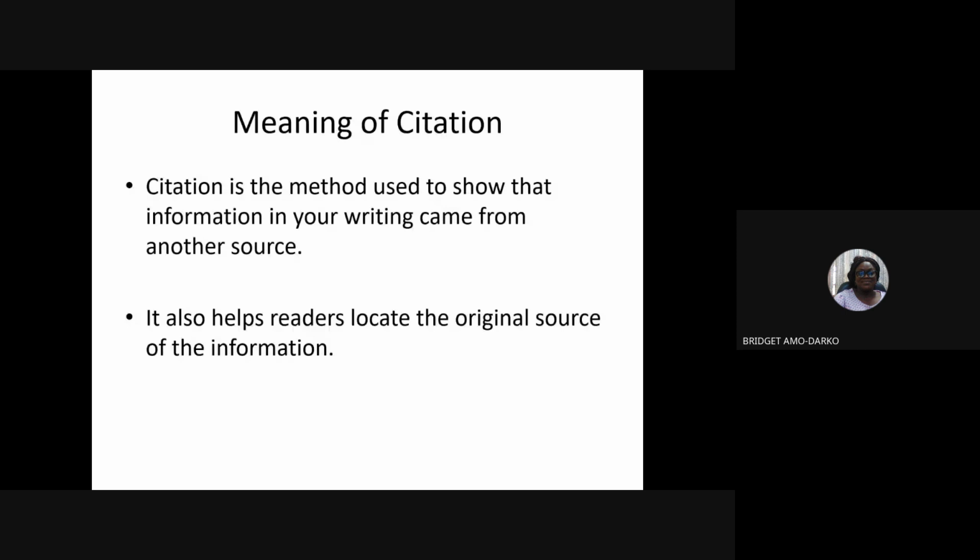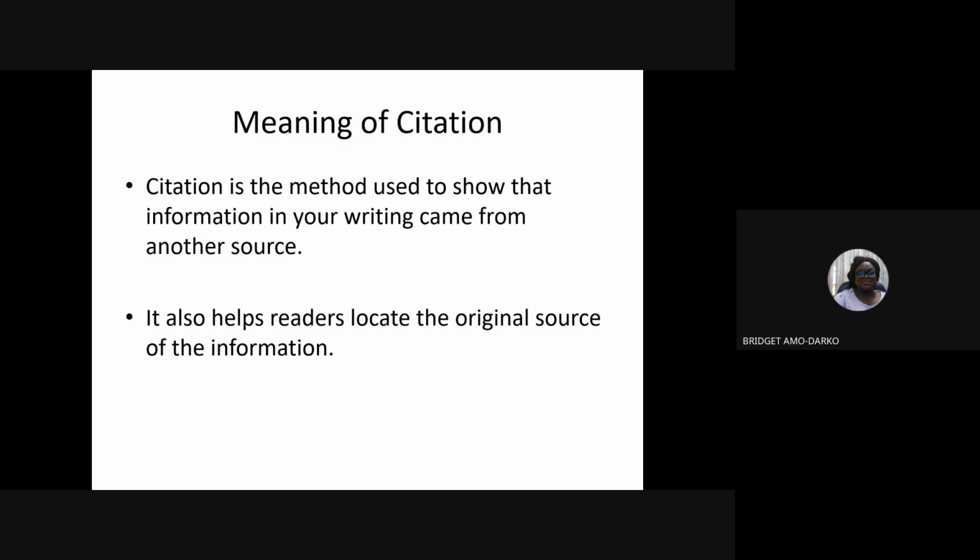When we say citation, what is the meaning? In academic writing, as I said earlier on, you have to support your claims, your statements, your arguments with authentic sources. And when you support this argument with an authentic source, it is called citation.